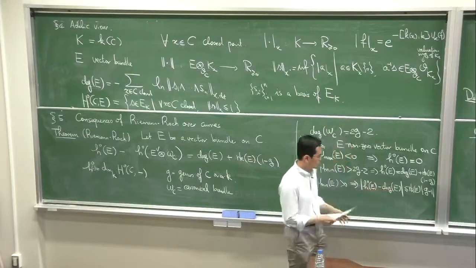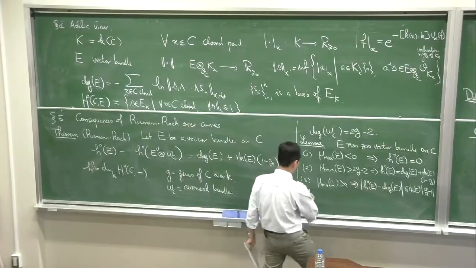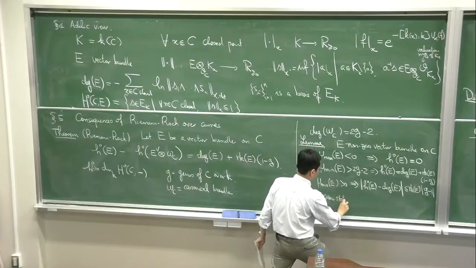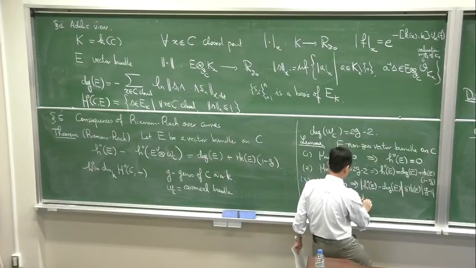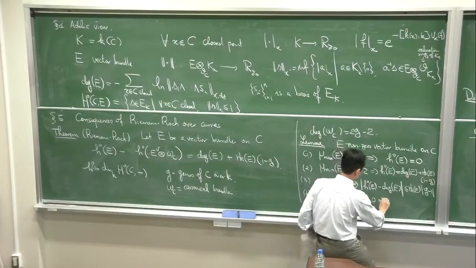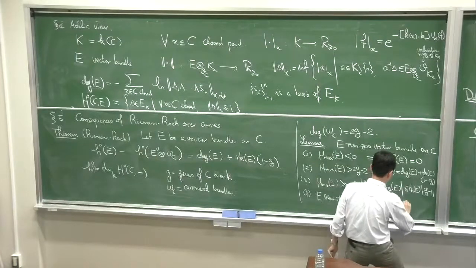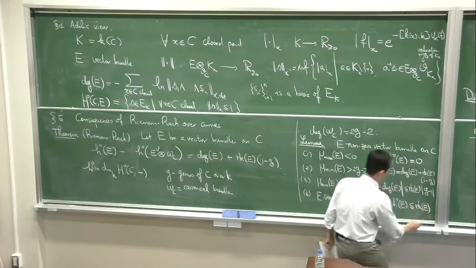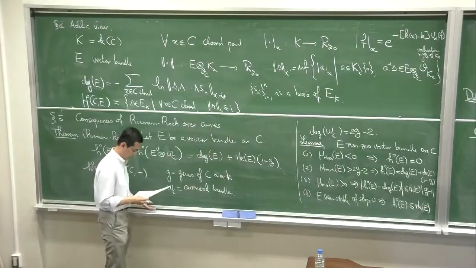H^0(E) is not far away from the degree of E. And finally, if you have E semi-stable of slope 0, then you have an upper bound of H^0 by the rank. So H^0 will not be very large.